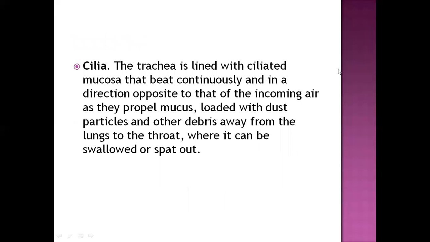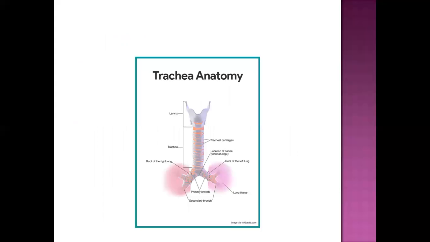There are cilia, which are a soft kind of structure. Anything that tries to enter along with the airway from upper to lower, cilia protects us from that particle. And the particle which is trapped comes out of the airway through mechanism of coughing or sneezing. This is the anatomy of trachea.